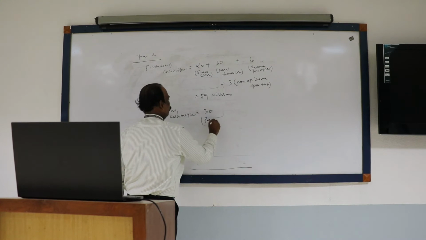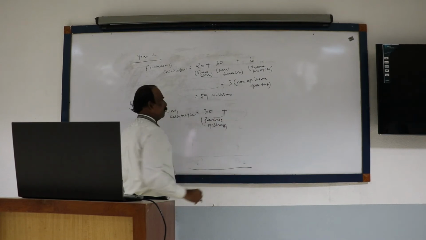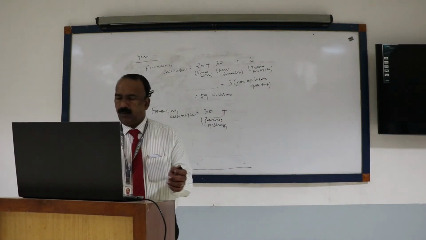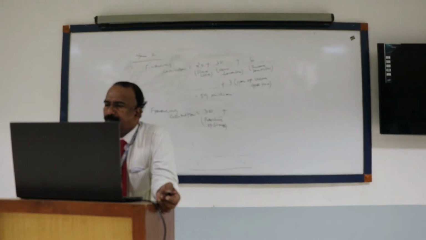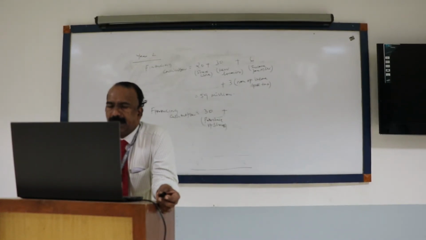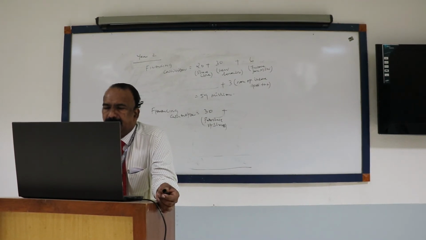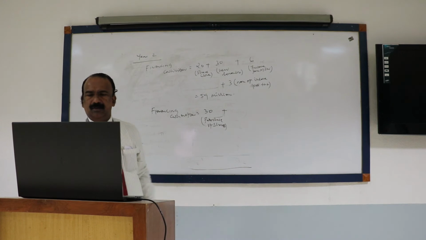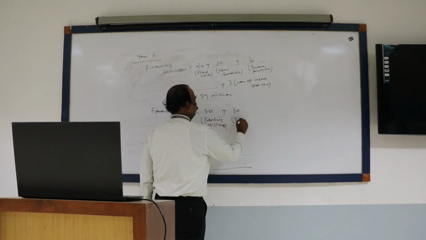Purchase of shares 30. Then loans are not repaid, no redemption of loans, so there is no cash outflow. Dividend is paid, that is 30. Look at that. Dividend paid 30.